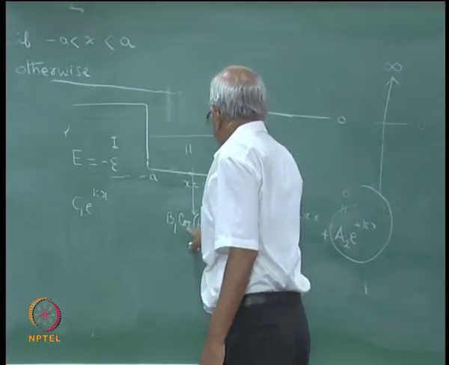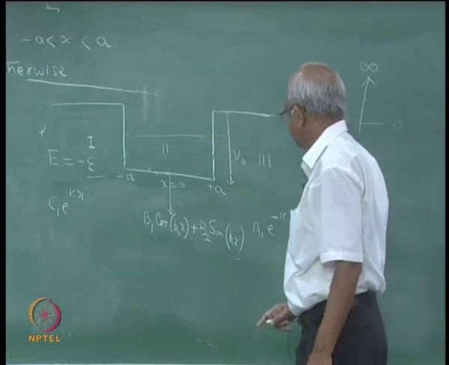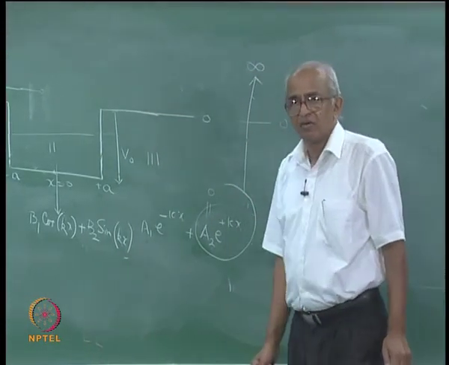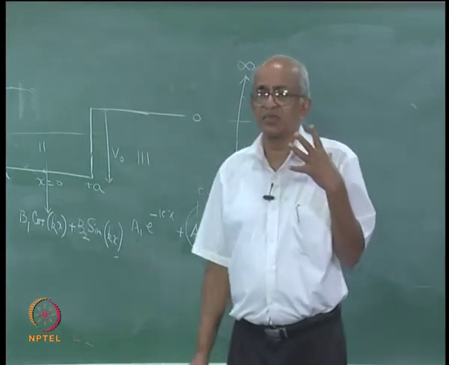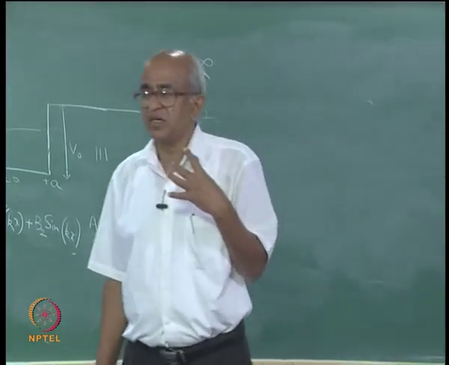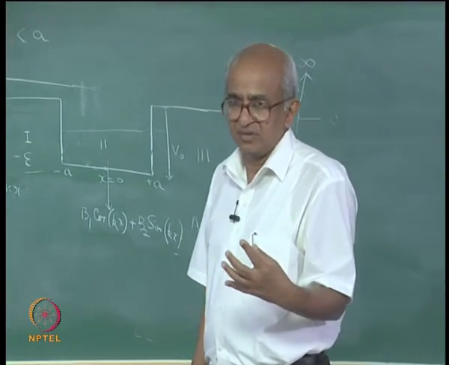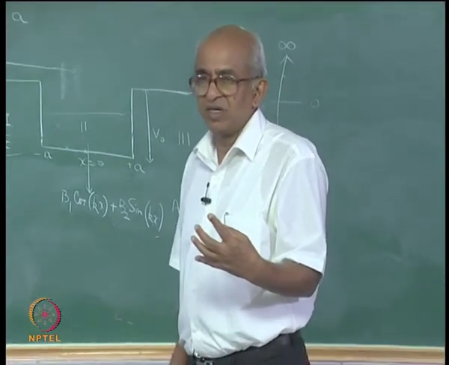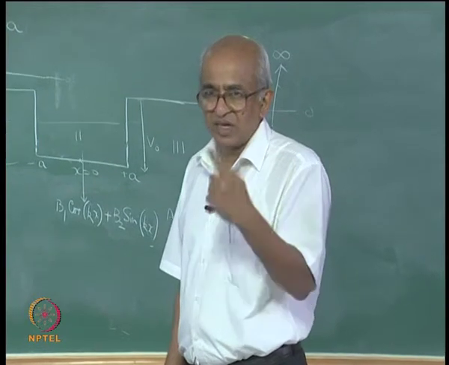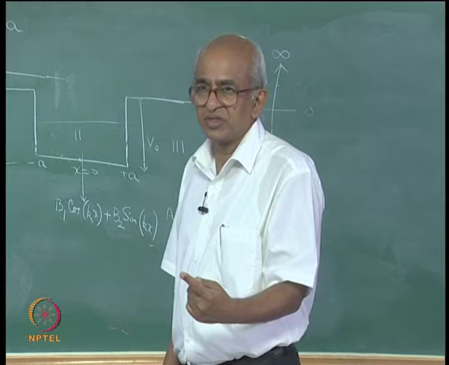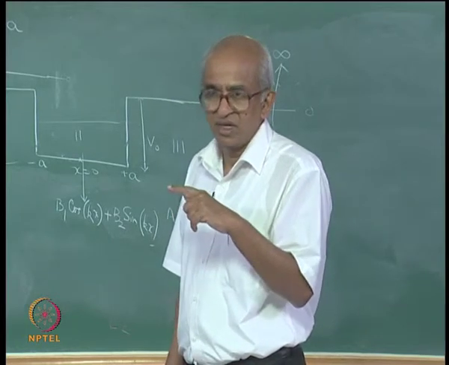Now, as far as this part is concerned, what do we do with this part? Well, I have this very interesting possibility. I know that my solution to the Schrodinger equation for this problem has to be either symmetric, an even solution, or an odd solution.